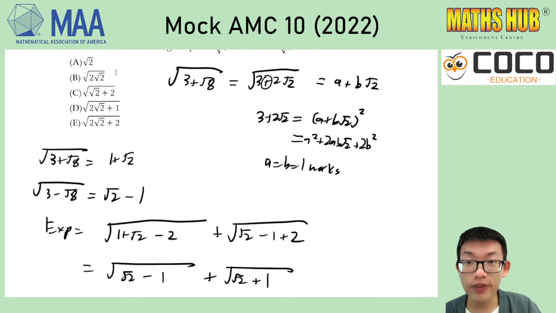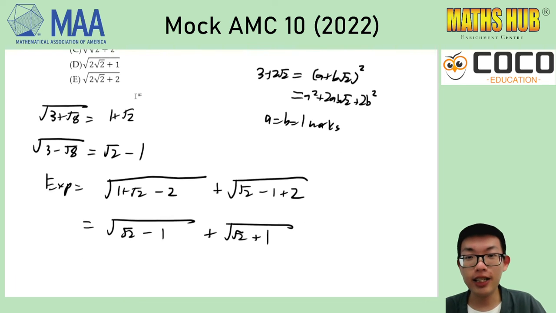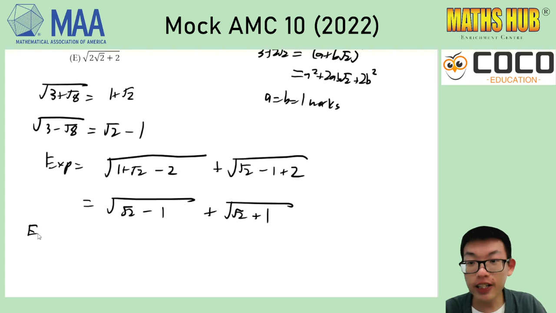And all of my options are the square root of something. Now, not 2 square roots, but the square root of something. So it makes sense that I should just square this thing and find out what it looks like. So I shall square this thing.